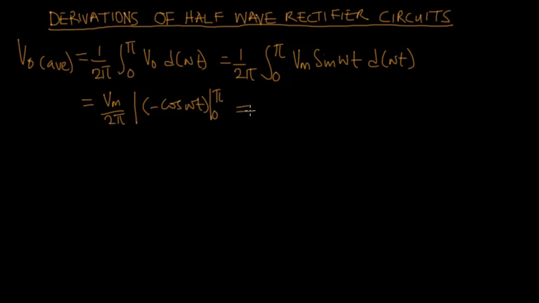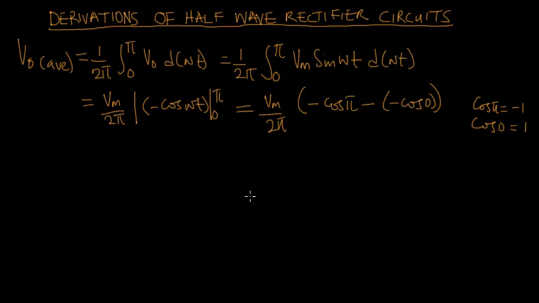So if we substitute the limits, we have Vm over 2 pi into minus cos pi minus cos 0, and we know that cos pi is equal to minus 1 and cos 0 is 1. So substituting these values, we'll have Vm over 2 pi into 1 plus 1.